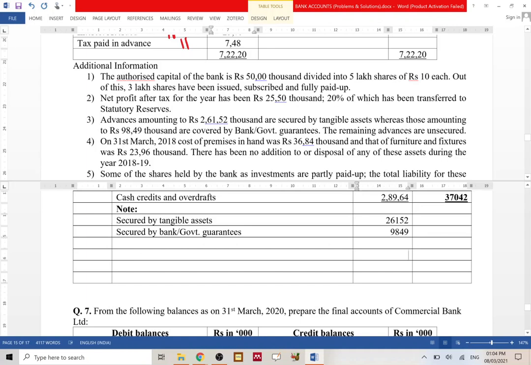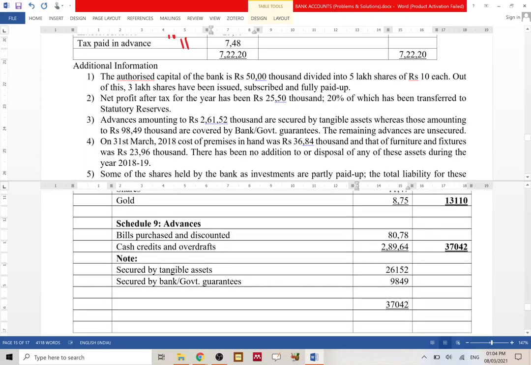So how many are total advances? 37,042. Total advances are 37,042, which means how many are balance here? Unsecured advances. I'll just write in the bracket, balance figure. If you subtract these two from 37,042, how much will you get? 1041.